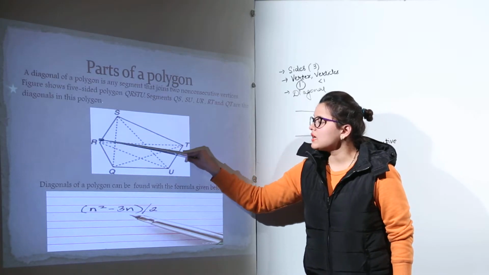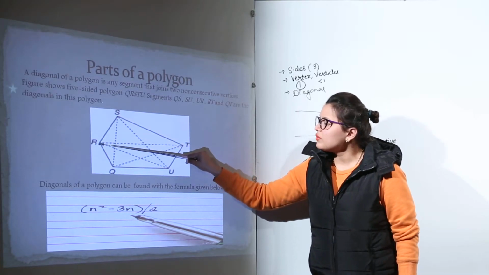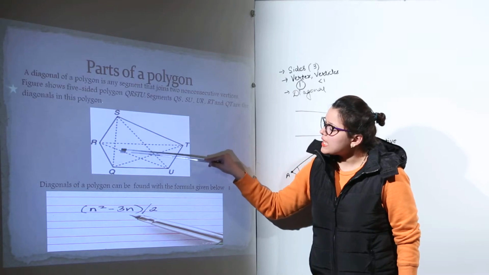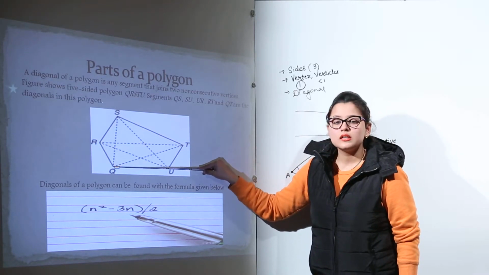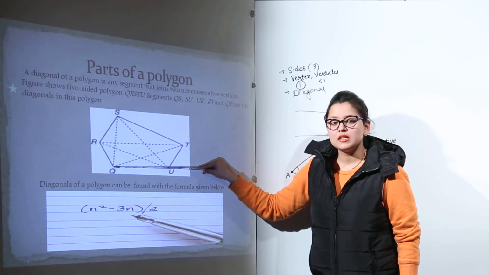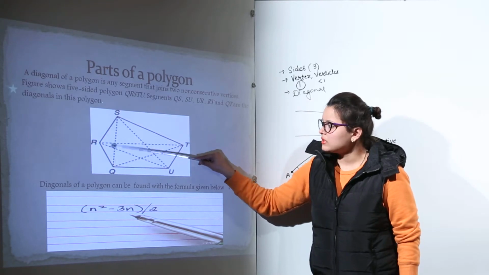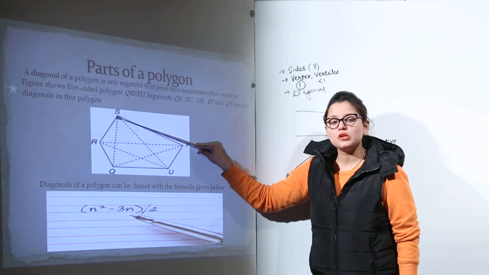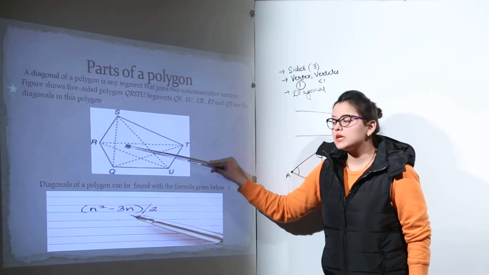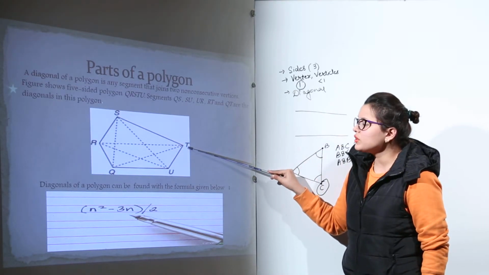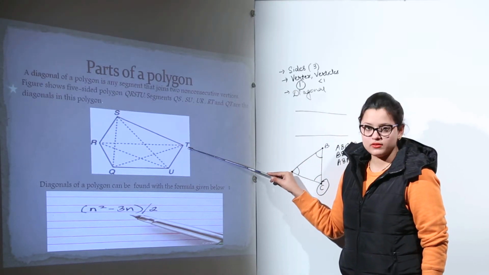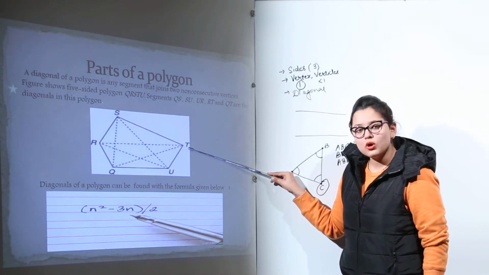Similarly, let us consider R. For R we can say that S and Q are the consecutive vertices, that is, they are just next to R. These are the adjacent ones, so we will not consider them. We are going to consider the opposite ones, or you can say the non-consecutive ones. Non-consecutive means non-adjacent.